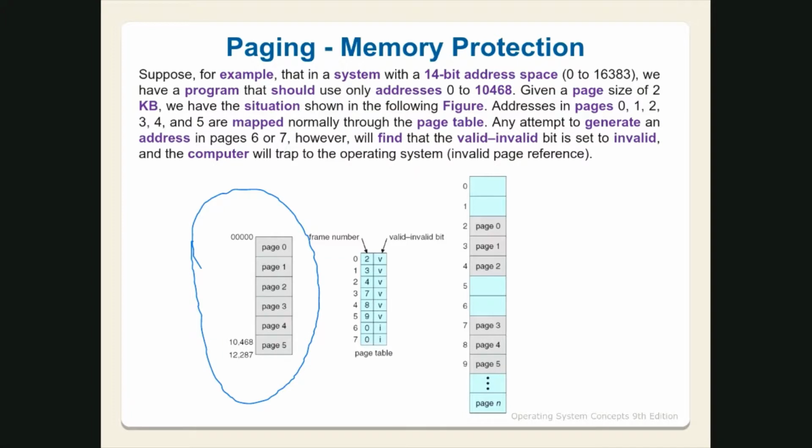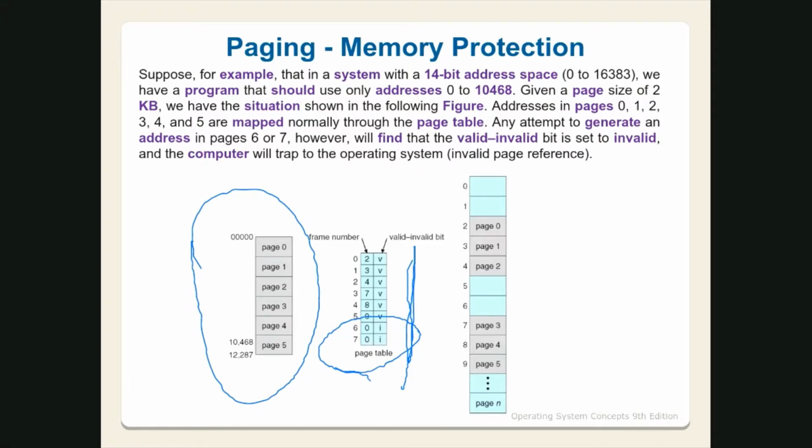Can you see the entry in the page table? V and I. V means valid bit, I means invalid. The pages are mapped normally through the page table. Any attempt to generate an address in page 6 and 7, you will see invalid, because there is no such page. My pages start from 0 to 5, and from 0 to 5 it's valid.